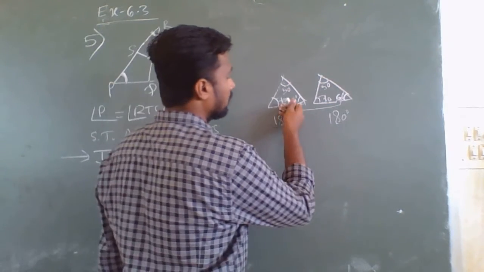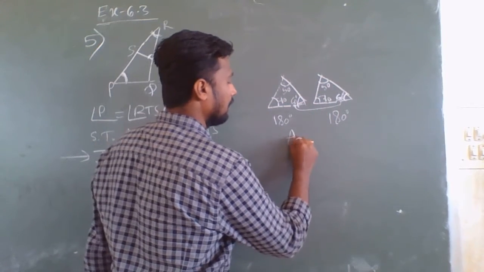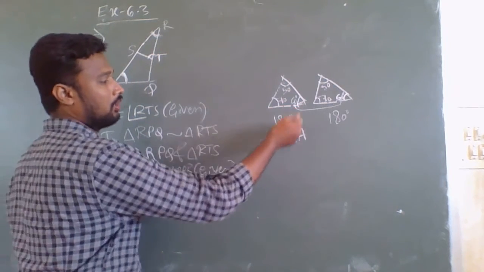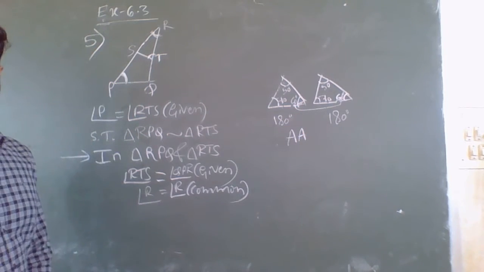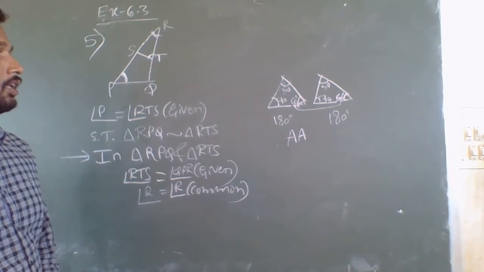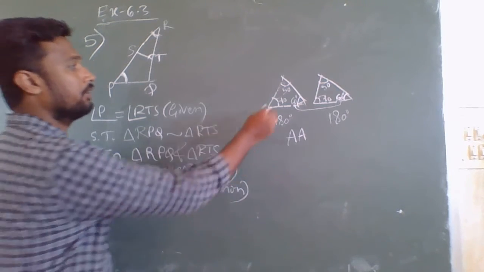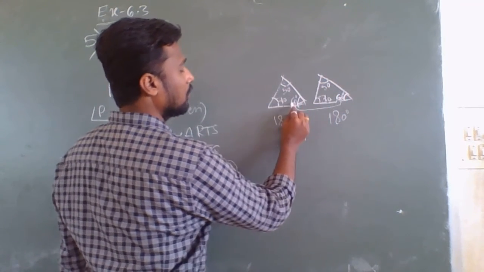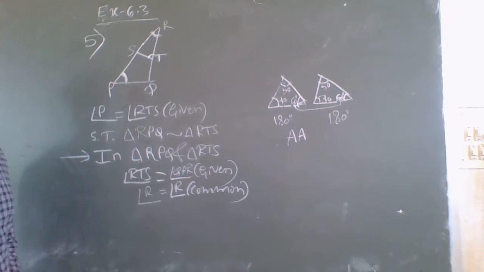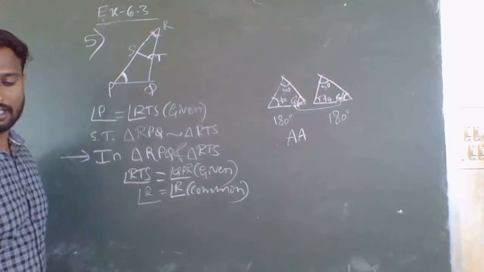Therefore, we can say that these two triangles are similar by angle, that is AA. If two angles are equal, then the remaining angle will also be equal. Here 70 and 50 are equal, and the remaining 60 degrees will be equal. Therefore, by AA these two triangles are similar.